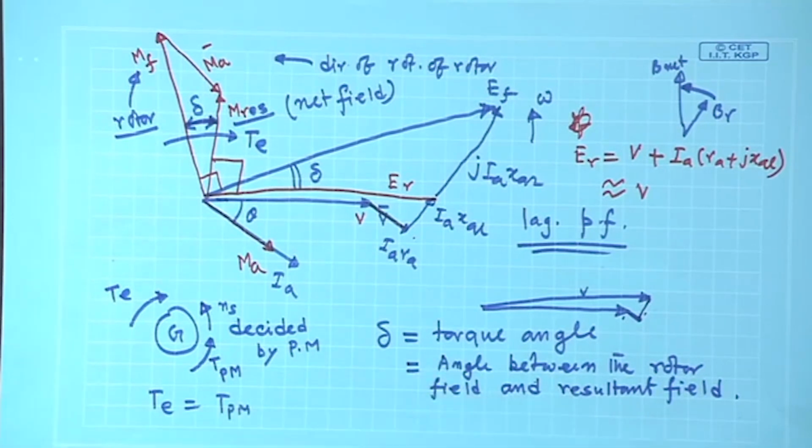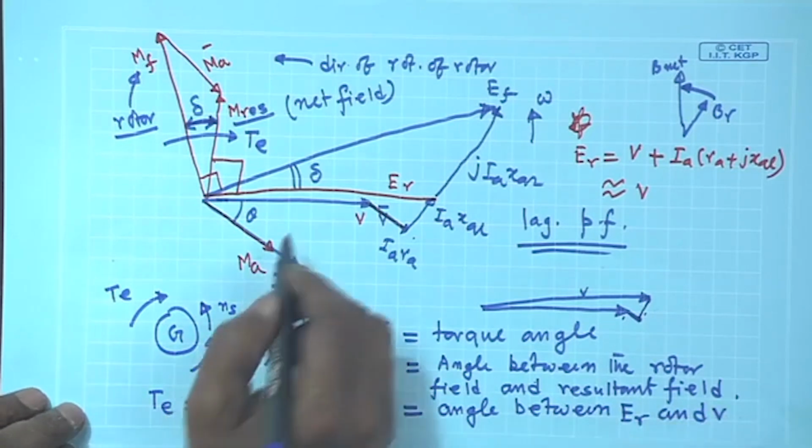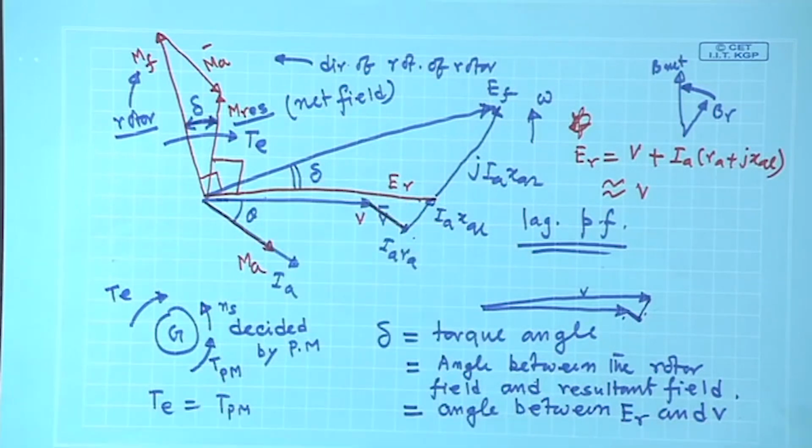So, this is the torque angle, which is also equal to the angle between E_R and V, that is this angle between E_R and V, and which is also approximately equal to this.